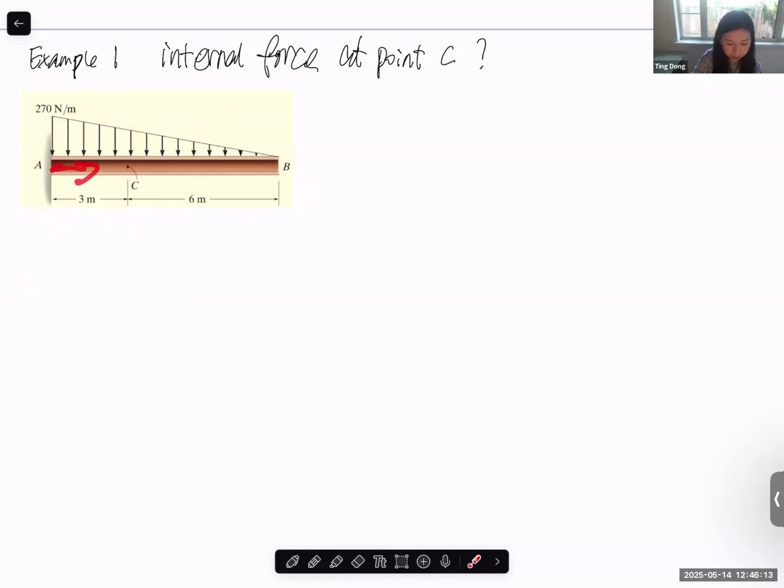So basically it has a reaction force in the X direction, the Y direction, and a moment, right? We do need to calculate the three, and then we take this section and do the free body diagram and the equilibrium equation of this AC section.